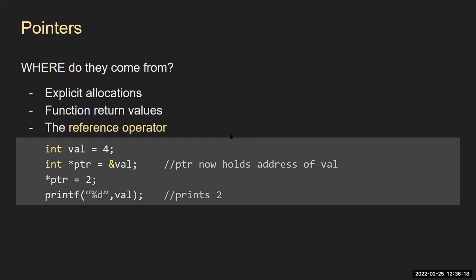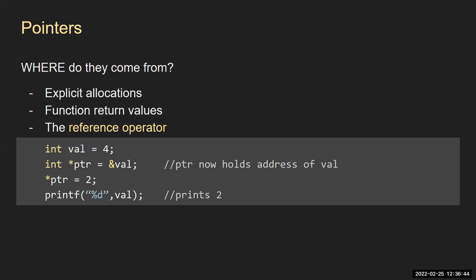Riley? Yep. Which one is explicit allocation? Are you asking which one holds the memory address? Like explicit allocation here, where do they come from? Like where do the pointers come from? Then we have explicit allocations.